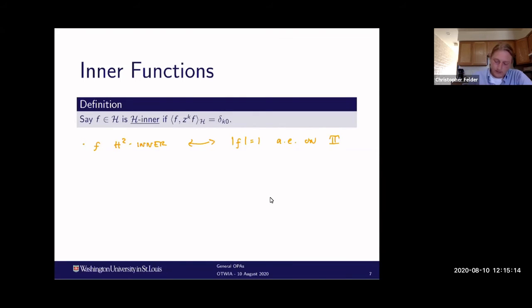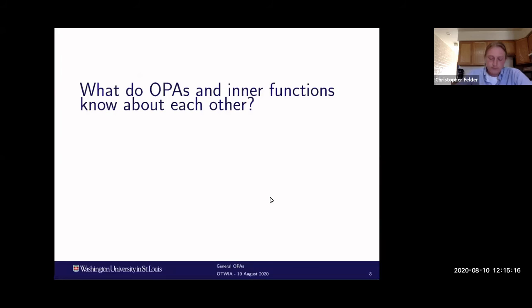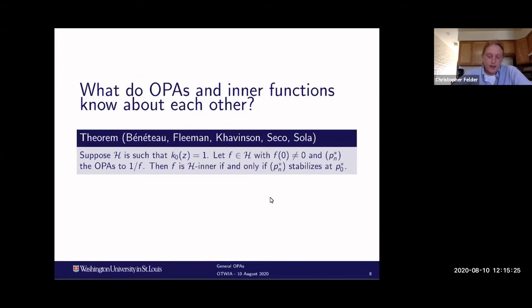So what do OPAs and inner functions know about each other? Well, there's a nice theorem by Beneteau, Fleeman, Khavinson, Seco, and Sola that describes this. It describes it in spaces H where the reproducing kernel at 0 is equal to 1. As I mentioned, this is where most of the body of literature has been situated.